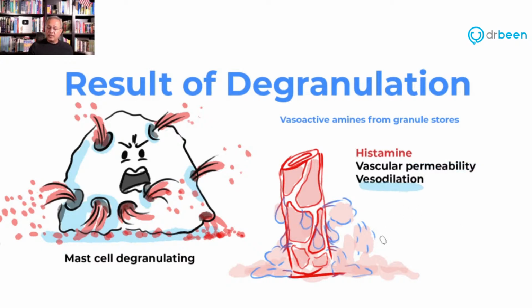Second, vasodilatation would occur. So not only has permeability increased and fluid leaked out, the blood vessel has dilated as well. When the blood vessel dilates, when it becomes all lazy and it is not maintaining its tone, that also causes a drop in blood pressure.